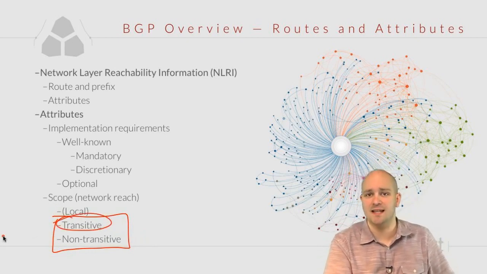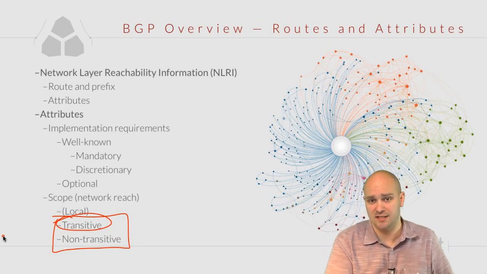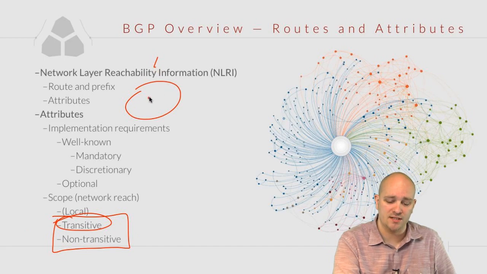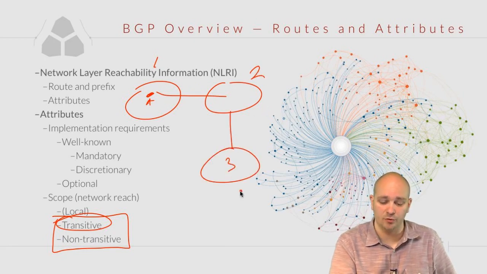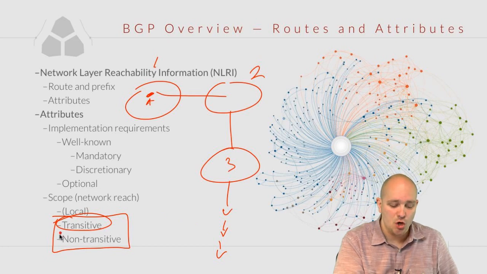Transitive simply means that the attribute will be carried across the autonomous system boundaries. That means that if we had AS1 with a certain prefix that had a certain attribute, by default this prefix will be carried over into autonomous system 2, and by default into autonomous system 3, and so on. So this is what transitive means.